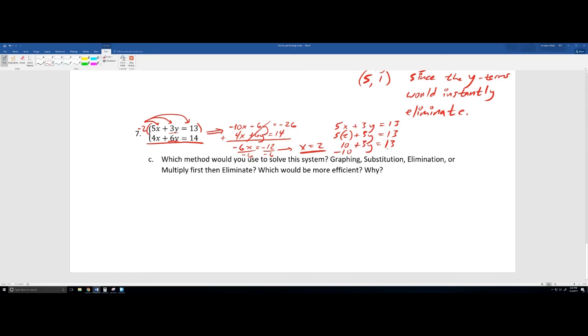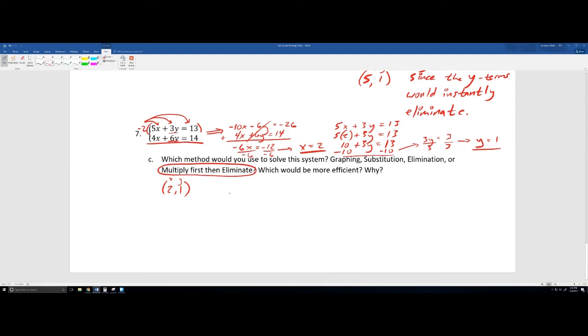Subtraction property. Just make sure what you do to one side, you do to the other, and then you get 3y equals 3. Division property. 3 divided by 3 is 1, so y equals 1. So my solution, again, is at 2, comma 1, okay, x, comma y. It's an ordered pair.